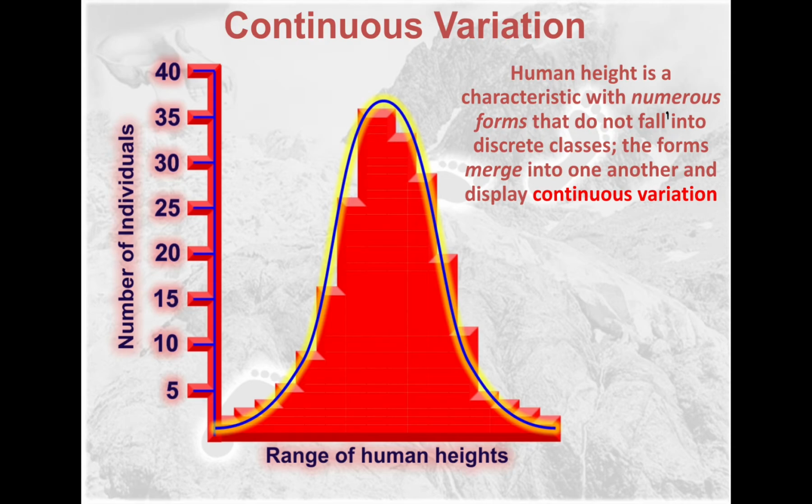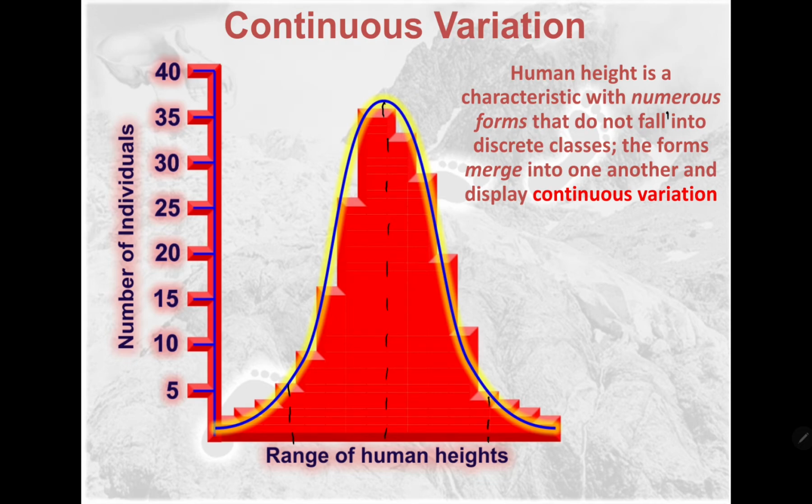So something like height is influenced by many different genes and is also influenced a lot by the environment. The environment includes perhaps what you eat and your lifestyle factors. If we go down the middle here, we have the mean height for all humans, and most humans are going to be found in the middle section.